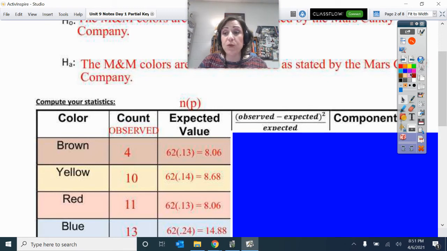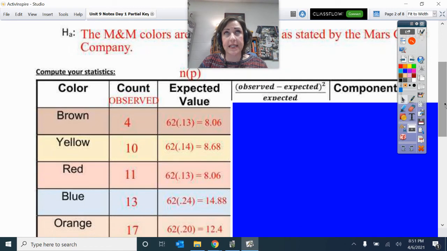Do you remember when we did standard deviations, how we couldn't add the positive discrepancies with the negative discrepancies? Because if we added those together, that equaled 0, and that was not informative to us in terms of how far this is off. So remember, we squared those to account for that. That's what's happening again here.